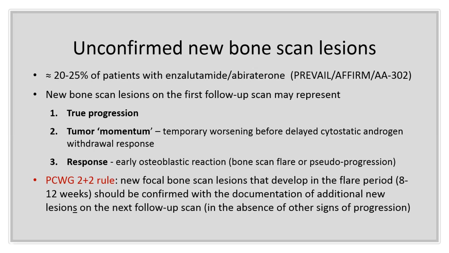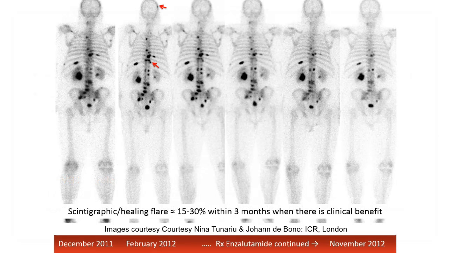So to get over the bone scan flare phenomenon, we apply the 2+2 rule. That is to say, if we see two lesions in the first follow-up period, then we need to see two more lesions on the next follow-up study. And if we apply this rule, you can see what happens. Over time, these lesions fade away, and clearly he responds to therapy.